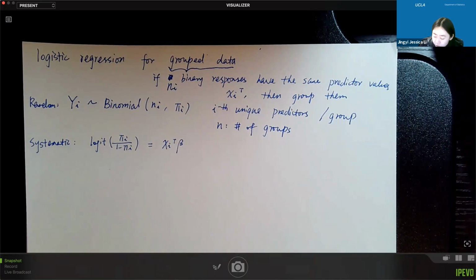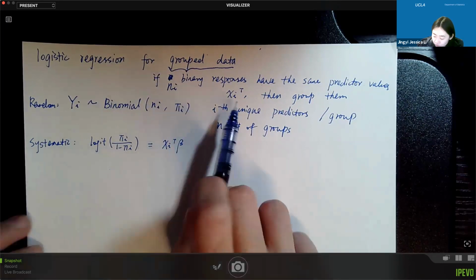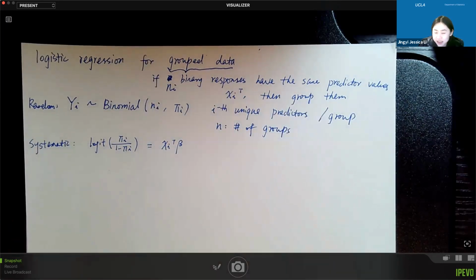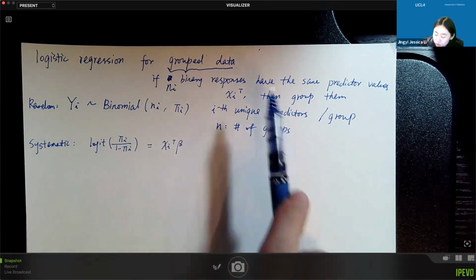Another example for group data, let me just make it up, is in a genetic study. Say I have people whose predictors are the same, and here the predictors can be your genetic material, your genotype. If they have the same genotype, but you check their phenotype, like whether they have a disease or not, you can group people by genotype.